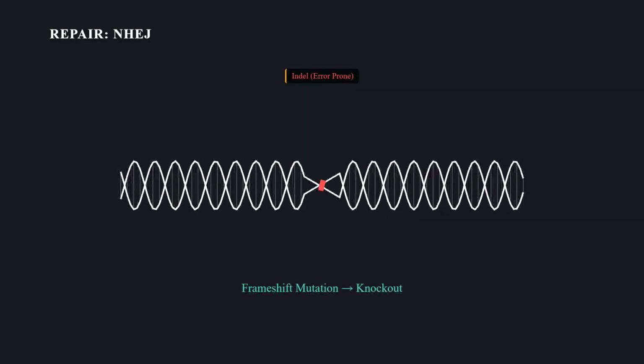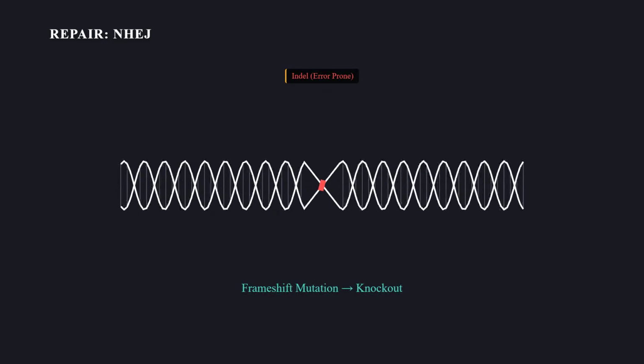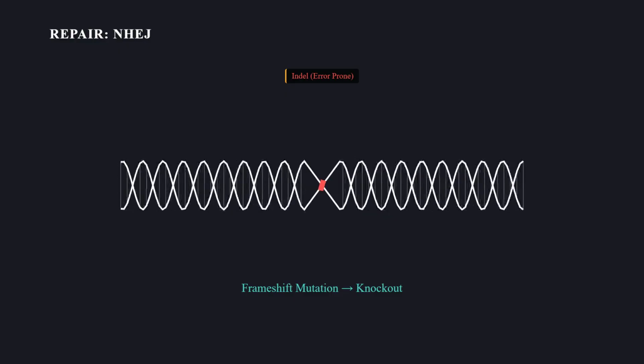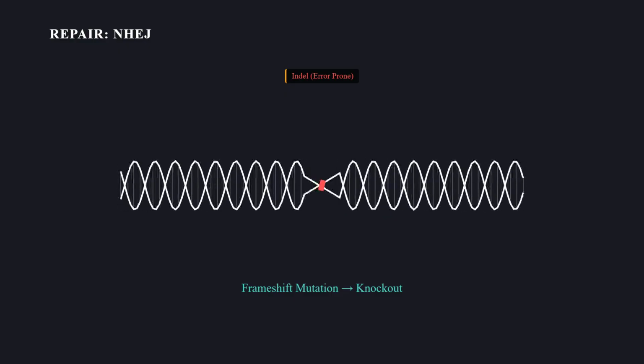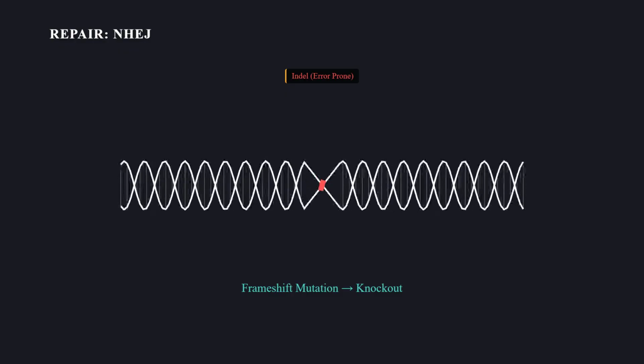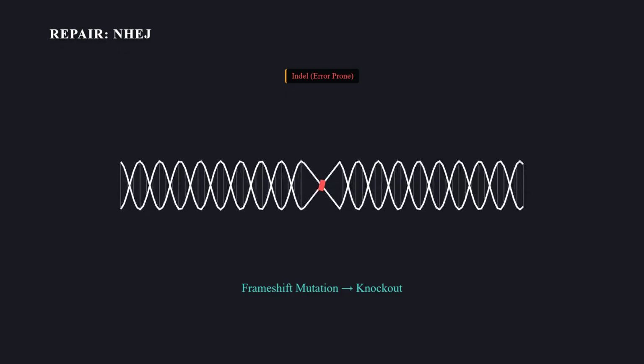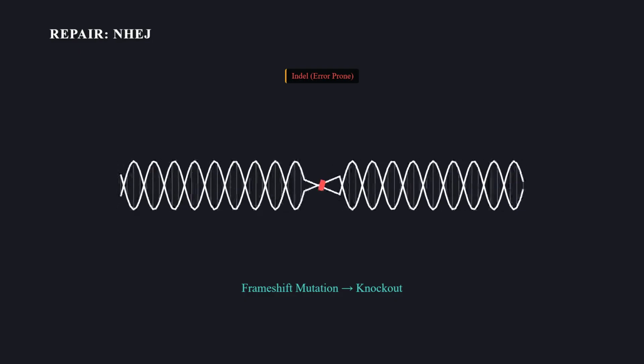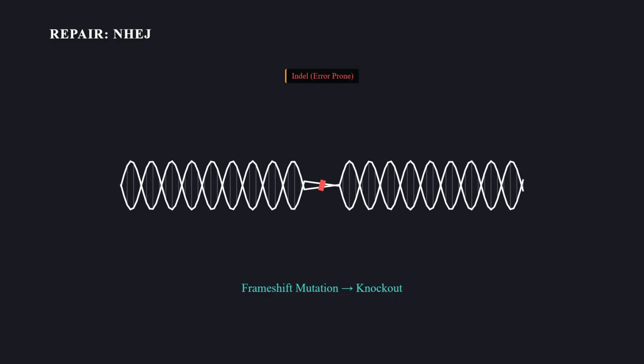If the size of the indel is not a multiple of 3 nucleotides, it causes a frameshift mutation in the coding sequence. Frameshift mutations typically result in the introduction of a premature stop codon. This leads to the production of a truncated, non-functional protein, which effectively achieves a gene knockout.